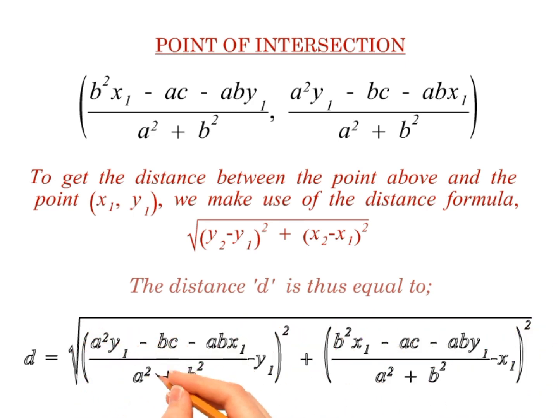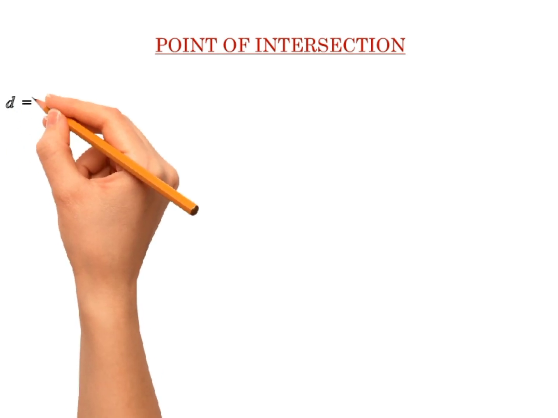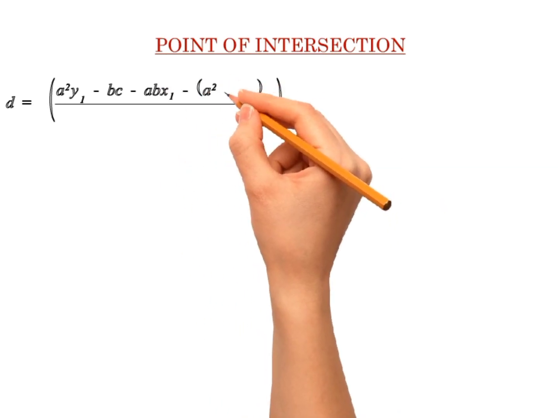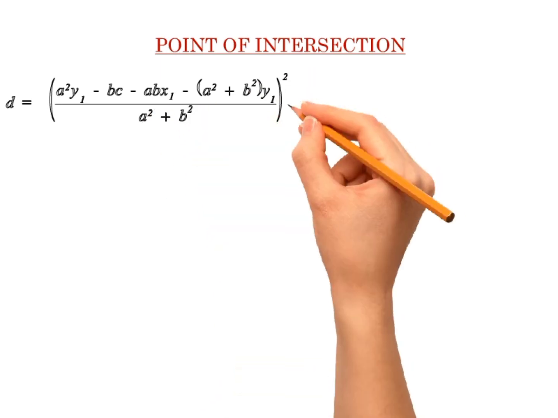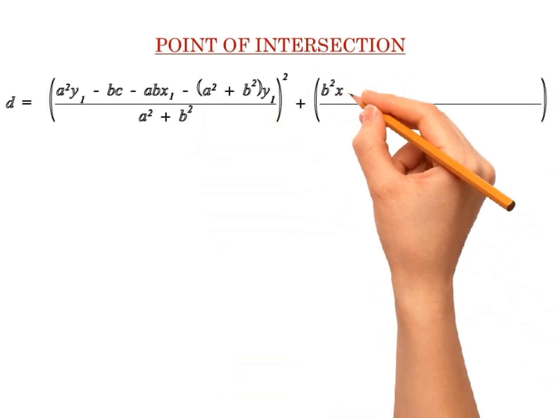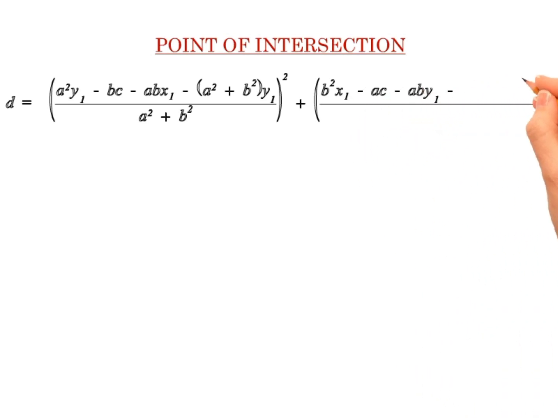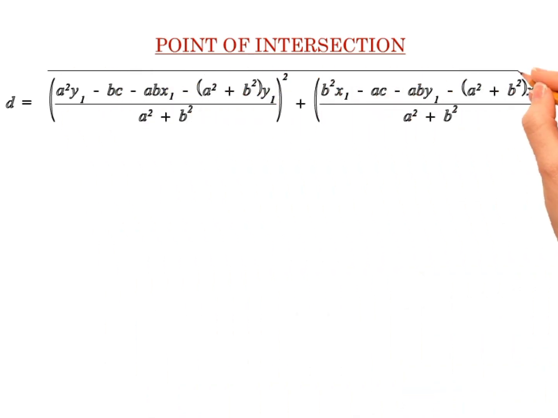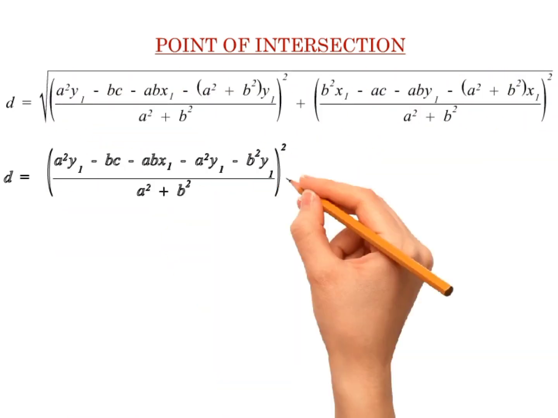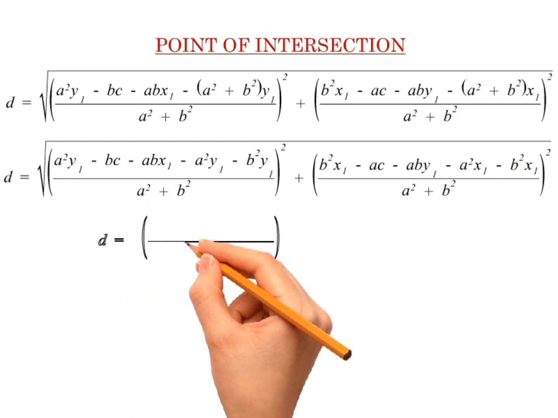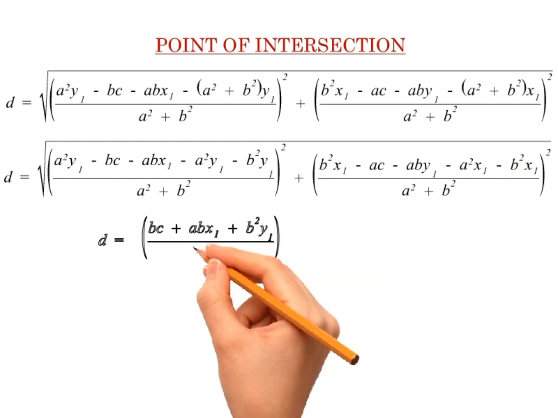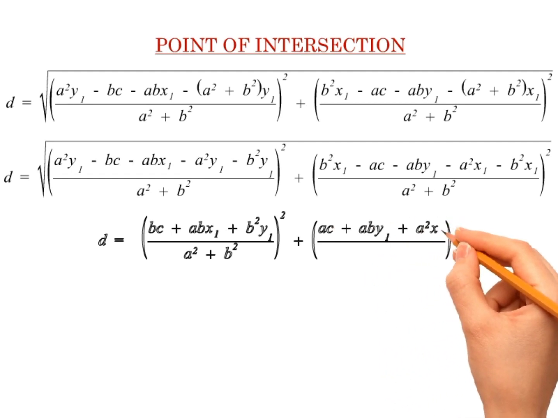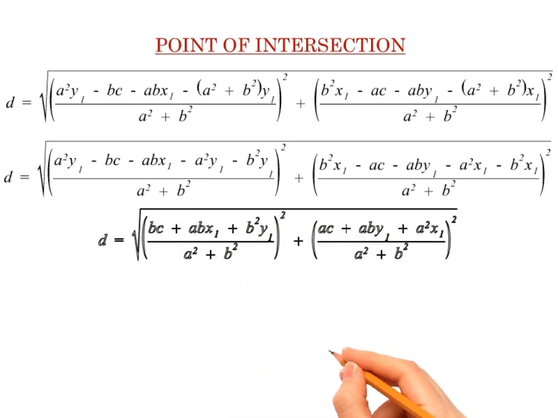By simplifying this, and expanding the innermost bracket, some terms cancel out, and the expression reduces to the following: d equals square root of bc plus ab x1 plus b square y1, over a square plus b square, all squared, plus ac plus ab y1 plus a square x1, over a square plus b square, all squared.